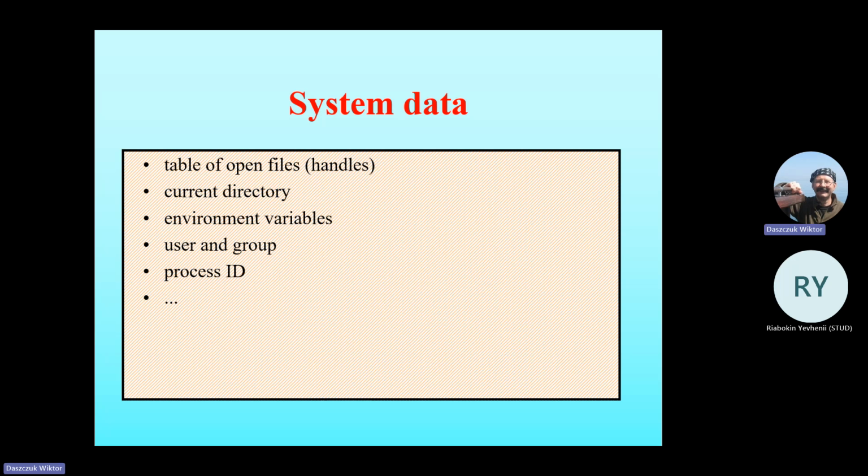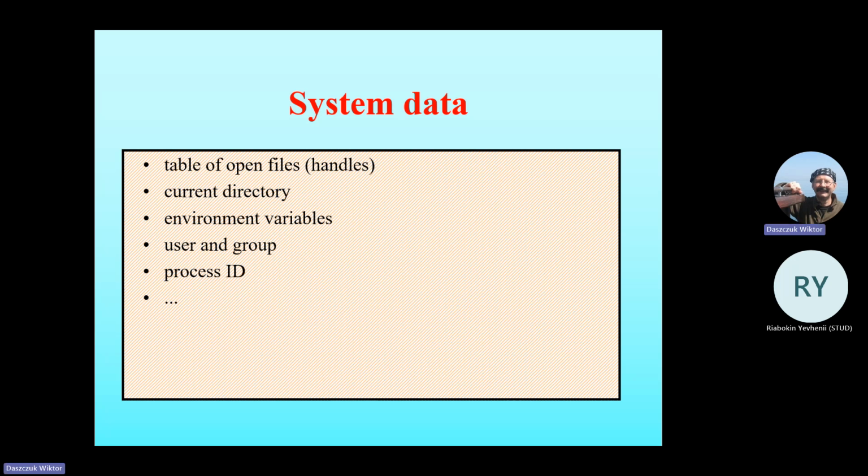It remembers the current position in the file because every read starts at the position the previous read finished, and so on. It is in the table of open files. And some information about the environment in which the program runs. It is the current directory, environment variables, user and group ID, process ID, and so on and so on.